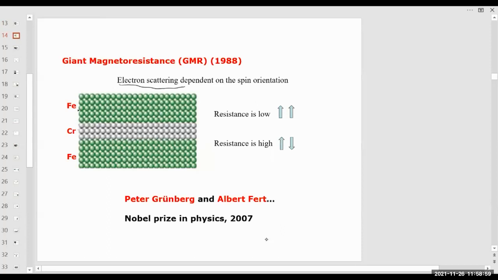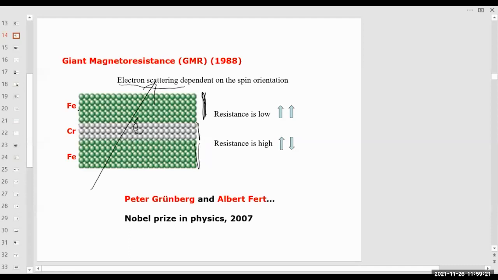The moment you have this nanostructure, like a few nanometers of iron, a few nanometers of chromium, and a few nanometers of iron, the way the electron gets scattered across this structure can be controlled, like 0, 1, 0, 1.